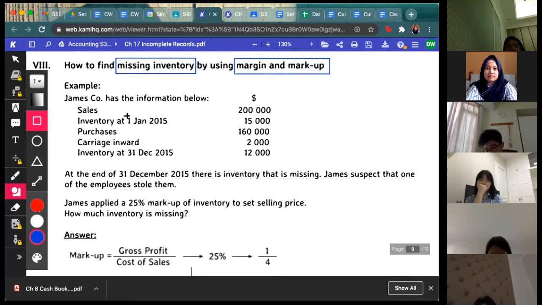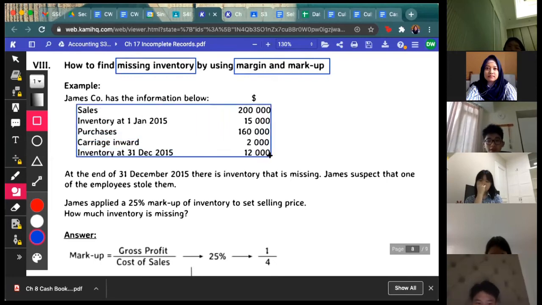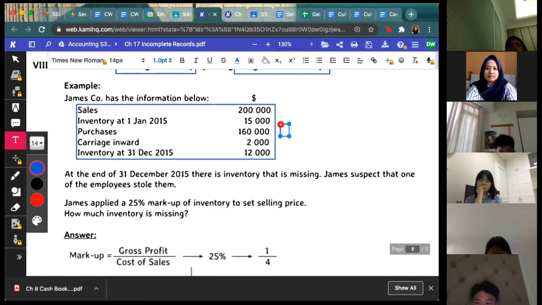Now let's see the information over here. James Co. has the information below: sales, inventory at the beginning, purchases, carriage inward, and inventory at the end. From this information, you are able to prepare an income statement until gross profit.